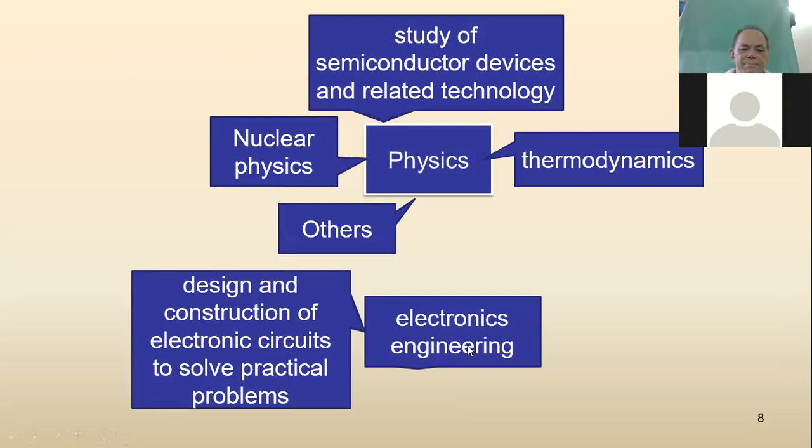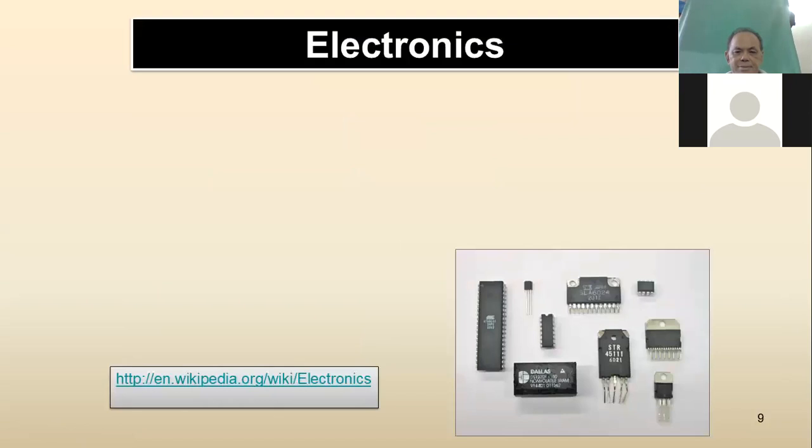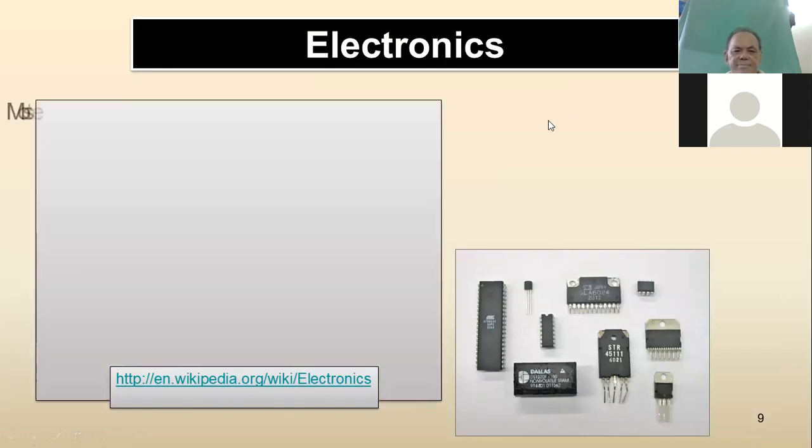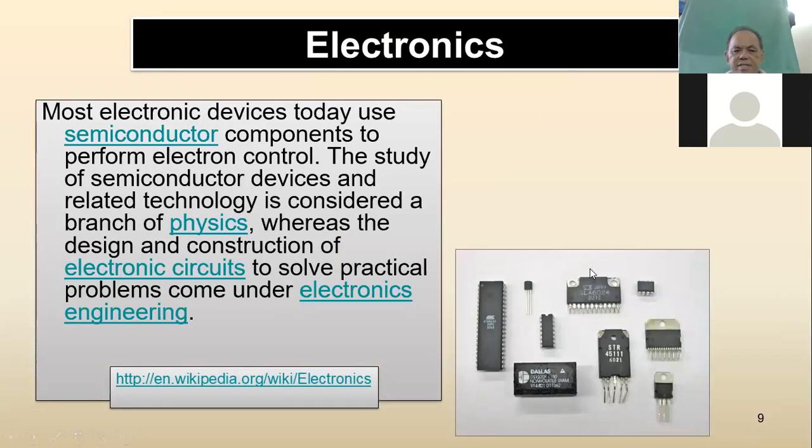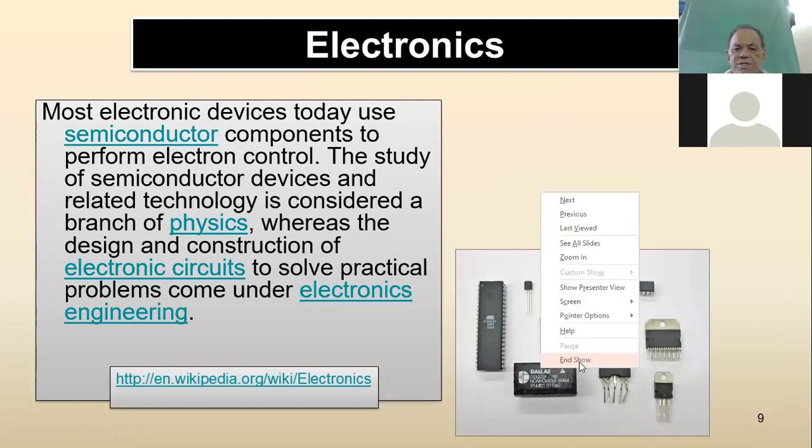In engineering, we apply what we study to build things that solve our practical problems. So today you see more of this type of thing, electronics, which are made of semiconductors. Maybe we can see a video.